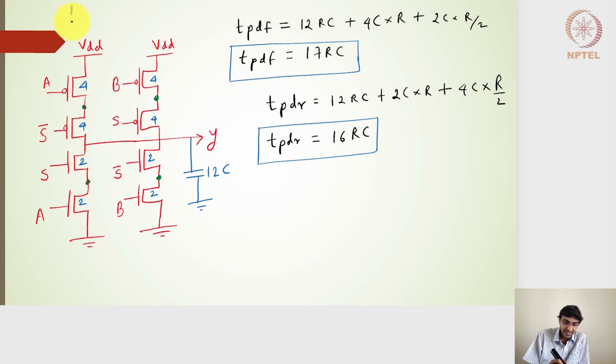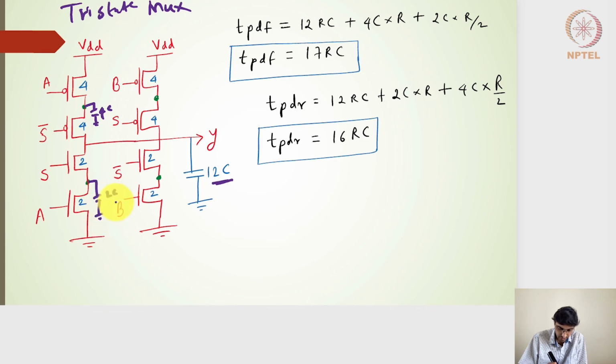So for a tri-state based multiplexer, what should be the delay? Tri-state based multiplexers means these particular nodes are not connected. Alright, so in that case, I will see a total capacitance of 12C. There will be a capacitance of 4C here and 2C here. I can similarly draw it here and here.